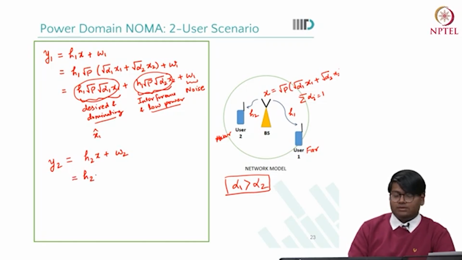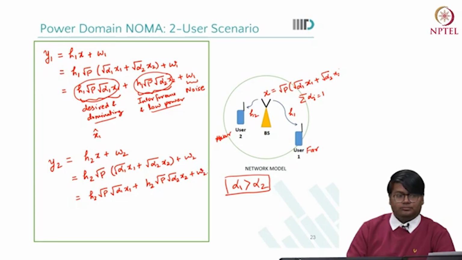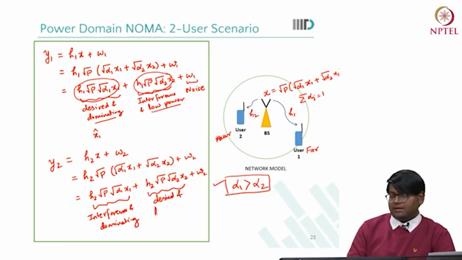You can further simplify H2 root ... So here we have this as an interference, which is more dominating due to this condition, and this is my desired signal, which has a low power, and this is nothing but my AWGN noise.